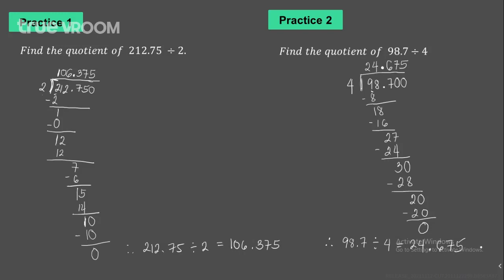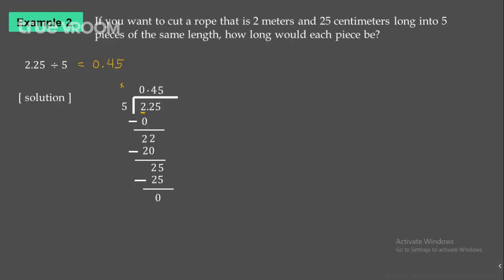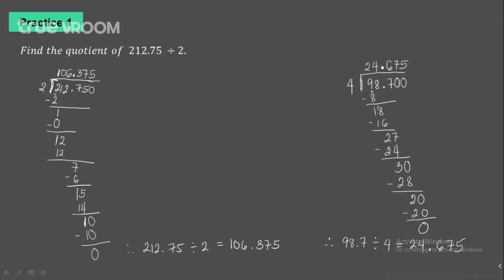Do you understand, students? This is dividing decimal numbers by a whole number. As you have noticed, our divisors are whole numbers. In example 2, we have the divisor of 5. These are whole numbers, students.